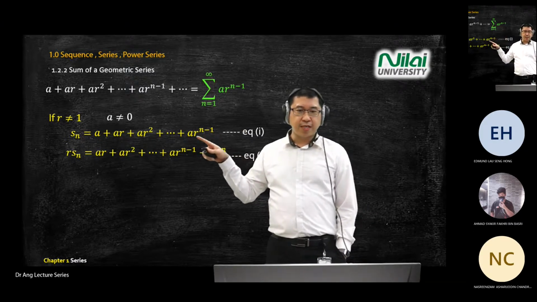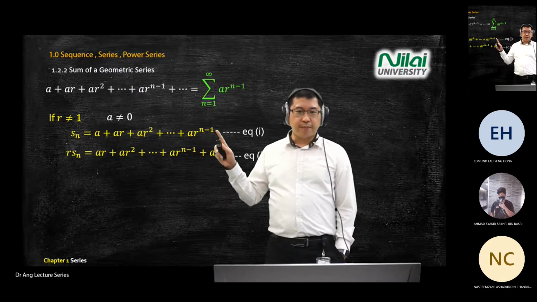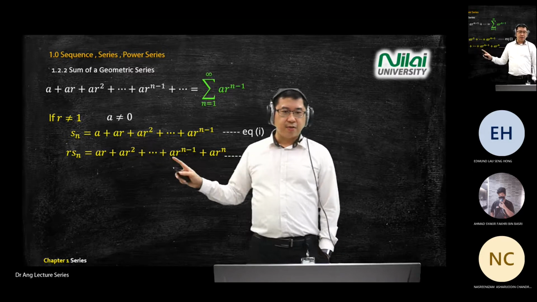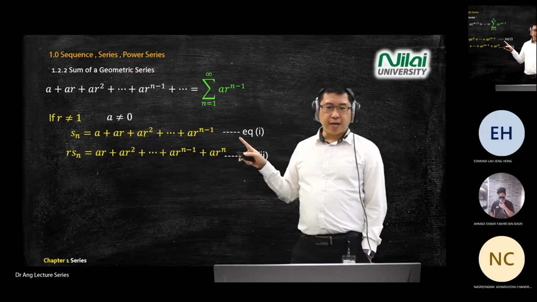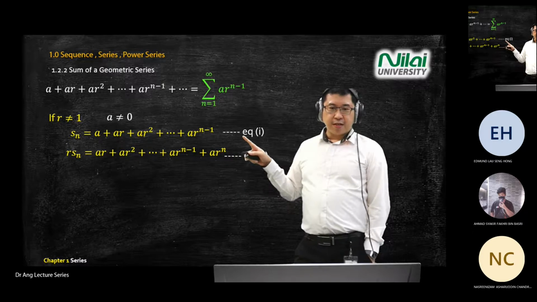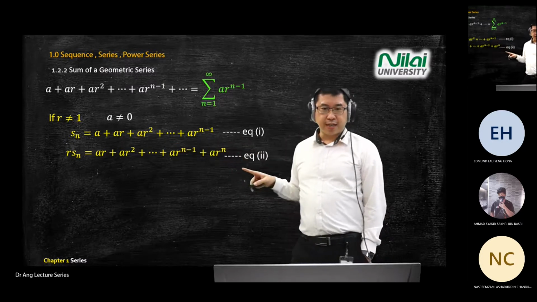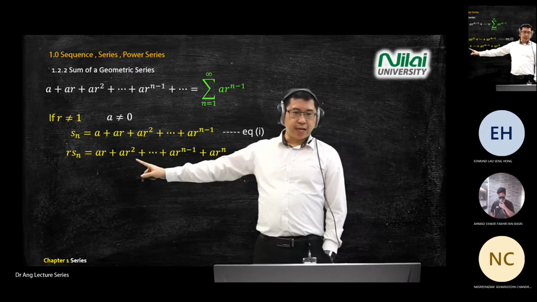AR power n minus 1 means you divide by something. So if you want to remove the minus 1, what do you do? You multiply by R. So equation 1, you multiply the whole equation by R, and you get the second equation.